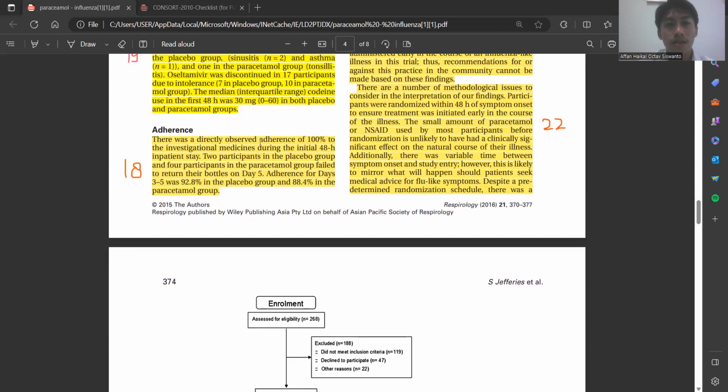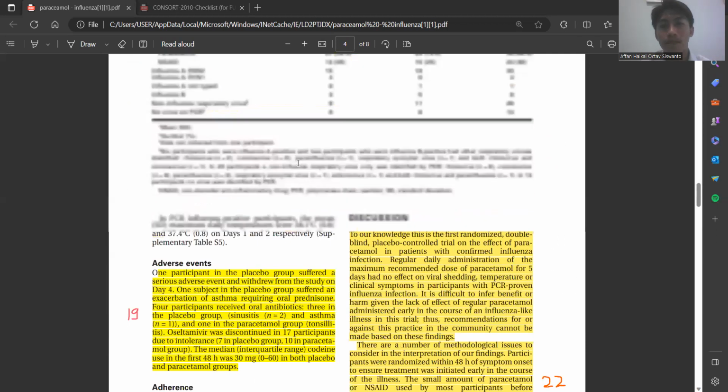There is a directly observed adherence of 100% to the investigational medicines during the initial 48-hour inpatient stay. Two participants in the placebo group and 4 participants in the paracetamol group failed to return their bottles on day 5. Adherence for days 3 to 5 was 92.8% in the placebo group and 88.4% in the paracetamol group.